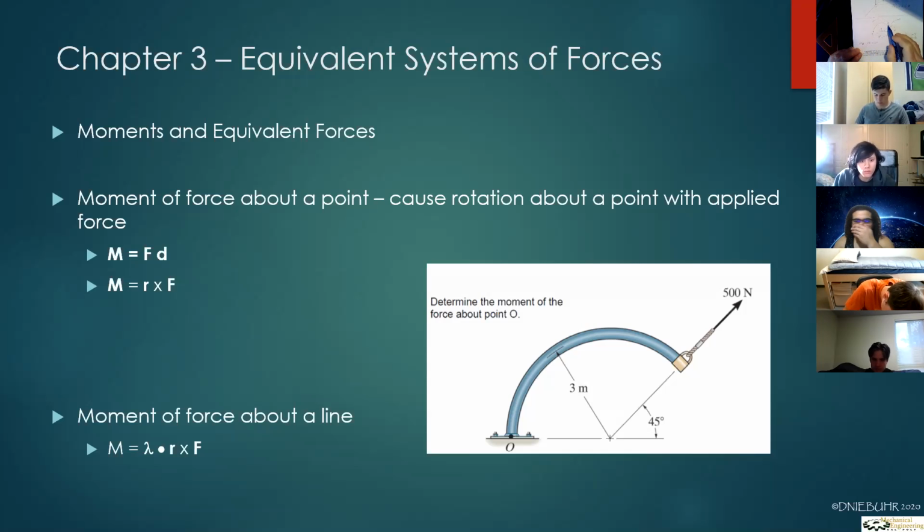That would be this component, times 3 plus 3 cosine 45. I got that from this 3 plus this 3, because 3 cosine 45 gives me that extra distance. That would be good for this piece. And then this piece would be minus 500 cosine 45, and its distance is just 3 sine 45.